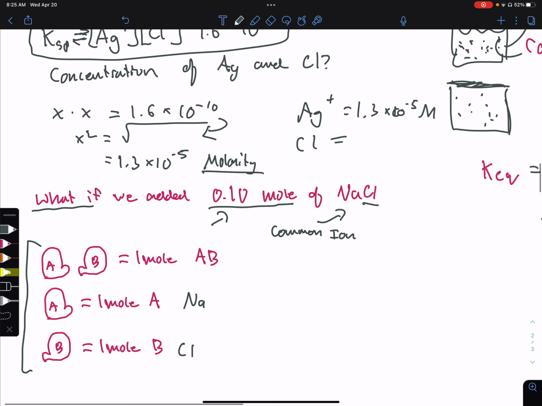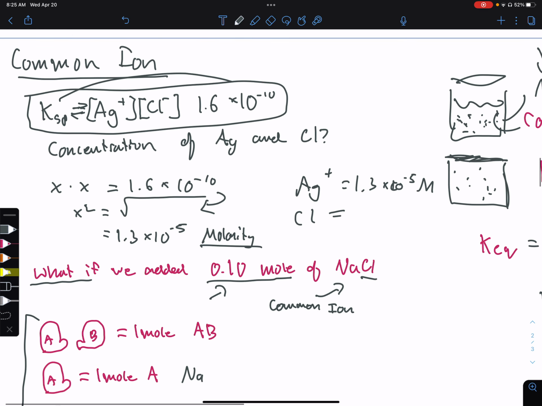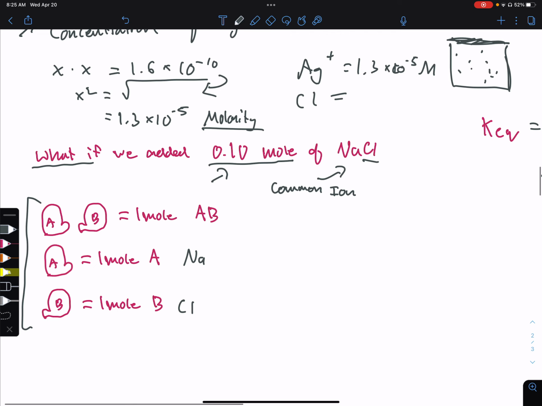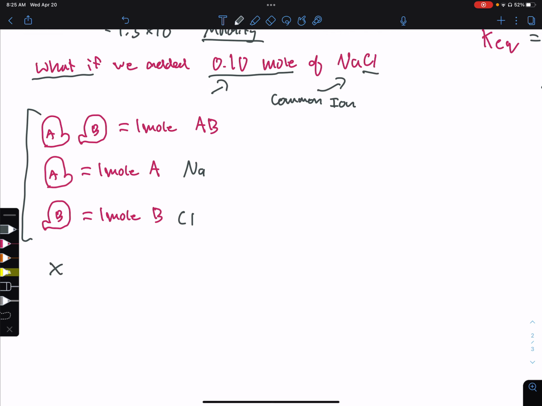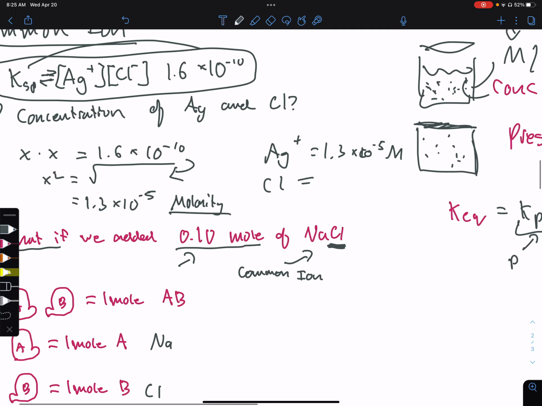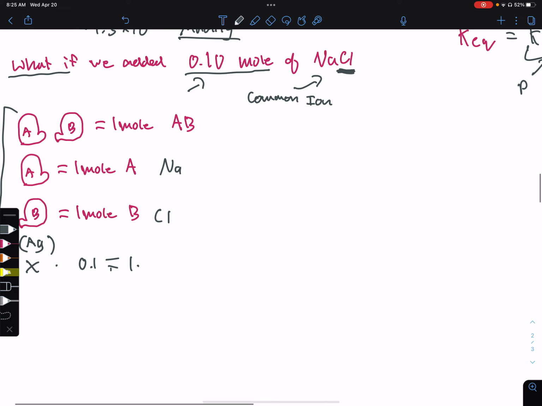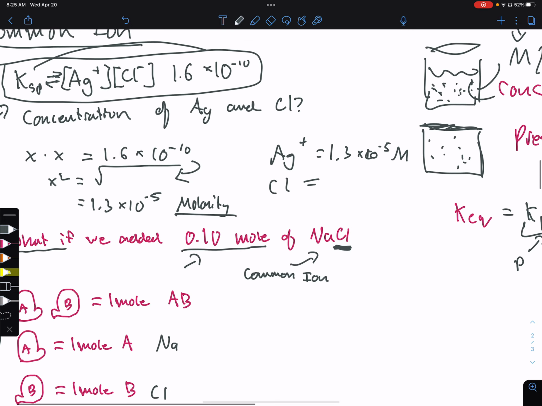So what we can do is insert this into our Ksp. And instead of saying x times x, we'd say x, which is our silver, times 0.1, and this 0.1 is coming from the Cl that we have, is equal to our original K value, which is 1.6 times 10 to the negative 10.